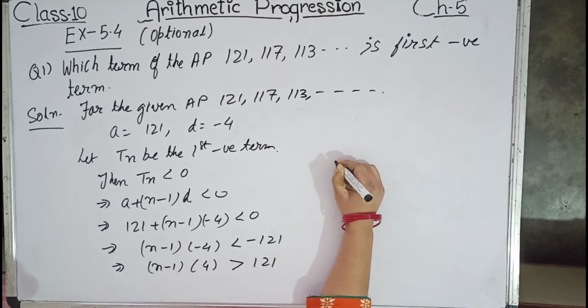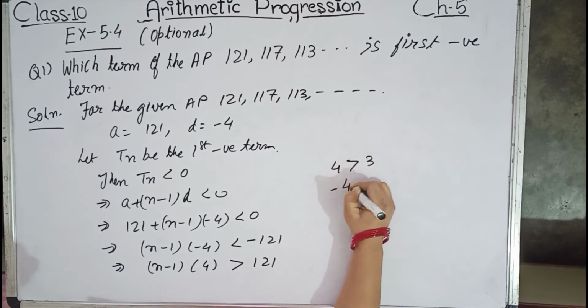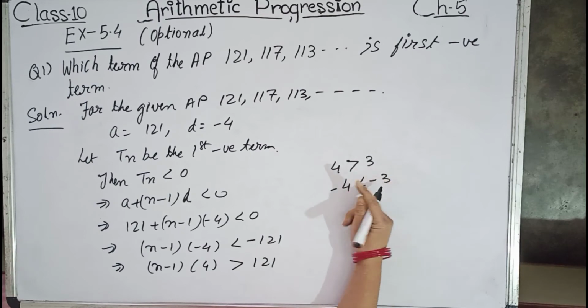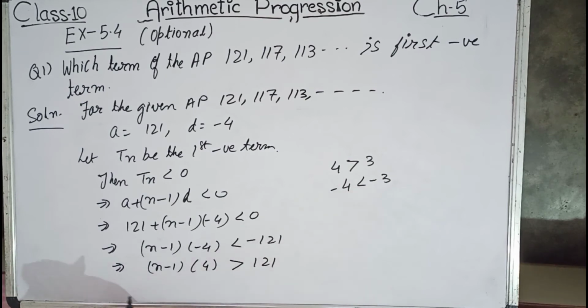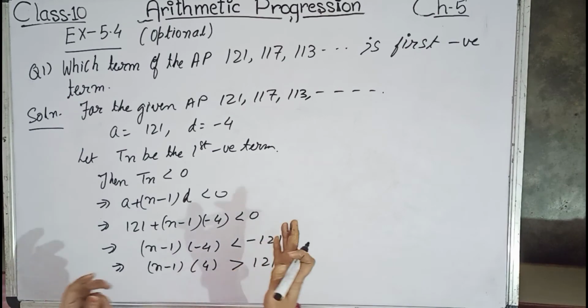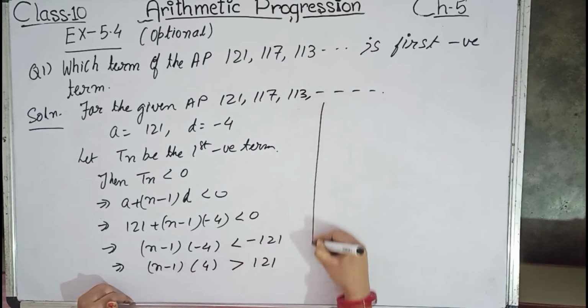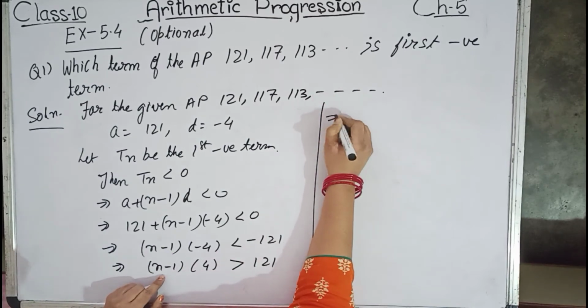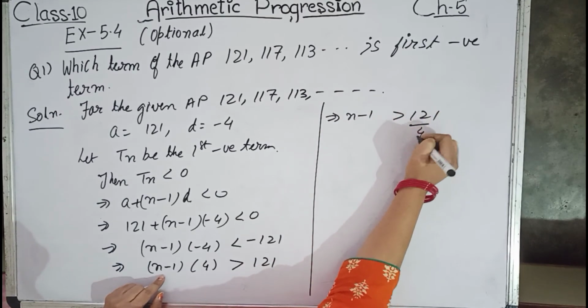Take care, over here 4 is greater than 3 but minus 4 is less than minus 3. So whenever the sign changes, the inequality sign also changes. So this implies n minus 1 is greater than 121 by 4.